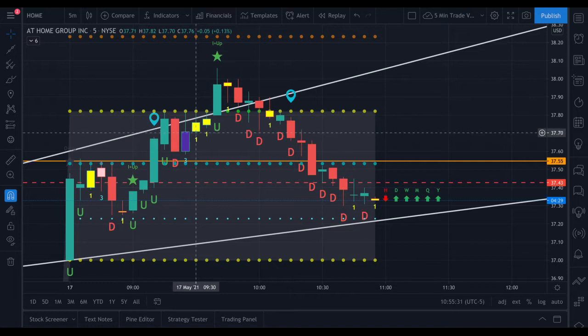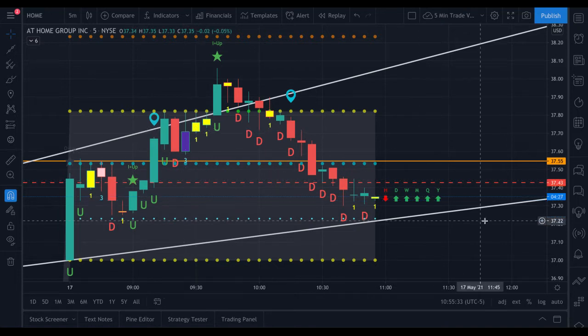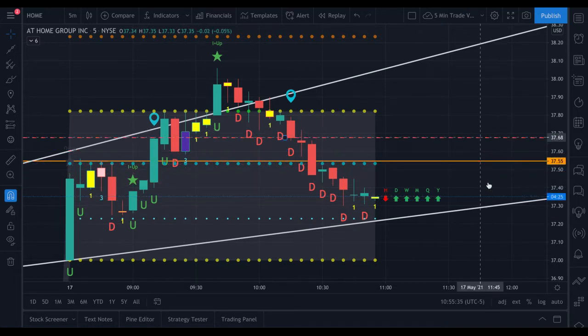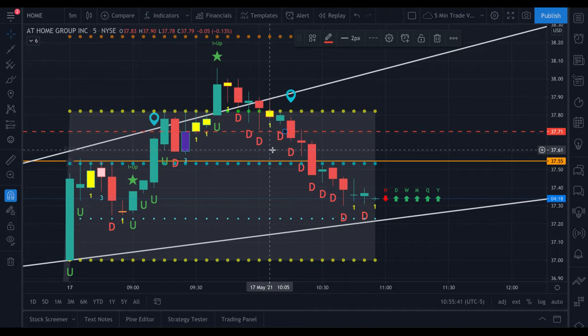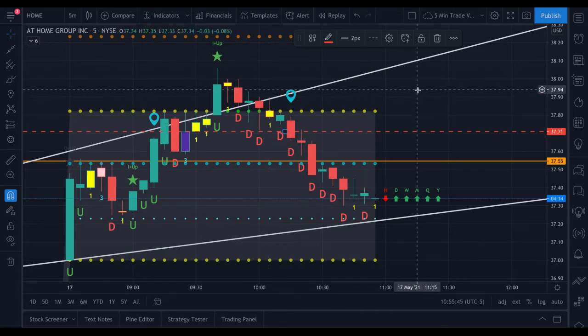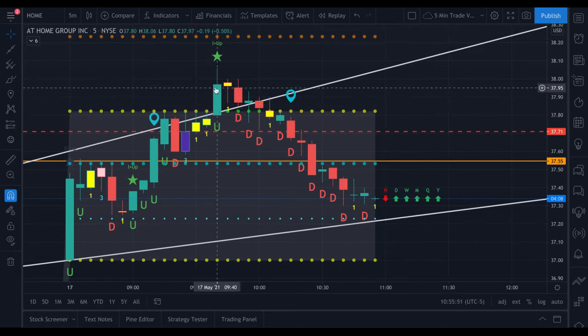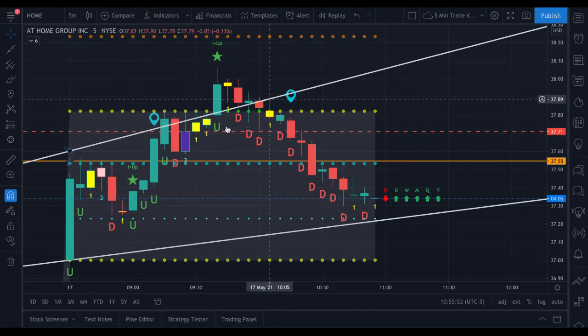So I moved up my stop to here, which is the top of the 3. I had seen the 1 form, and I moved my stop up there. This is when I typically will go and look at other trades to enter after I've automated that stop. But I'll still come back and look at this trade to see if I want to move it again.